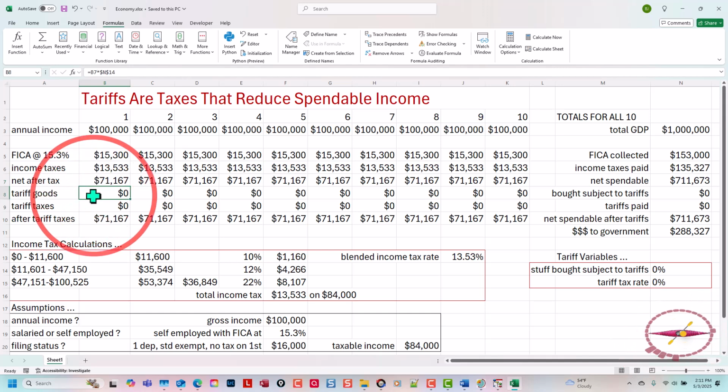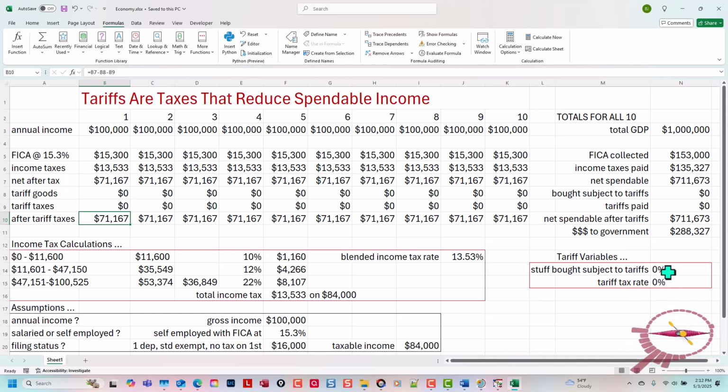We didn't buy any tariff goods, we didn't pay any tariff taxes, so we still have, after tariff taxes, which were zero, $71,167 of disposable income.